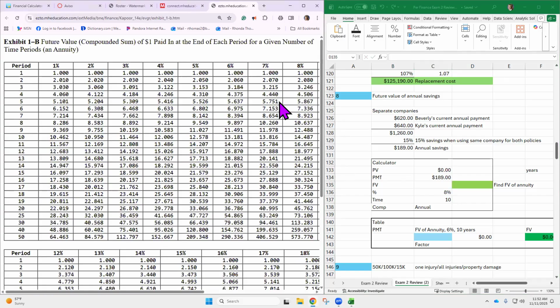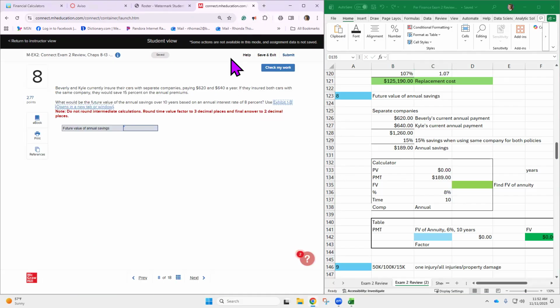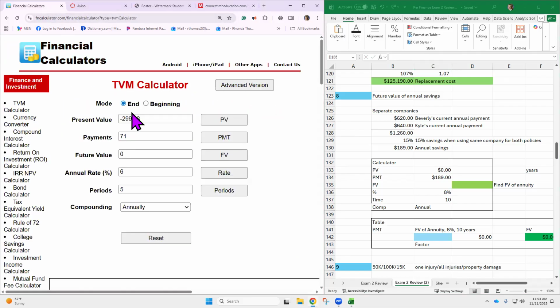Okay, just for kicks. Oh, that's the table. See, they don't use the table anywhere else. So I don't want you to use the table because I don't trust that the answer should be correct, but all right. So what's going to happen here is we're going to put in a 0 for the present value.